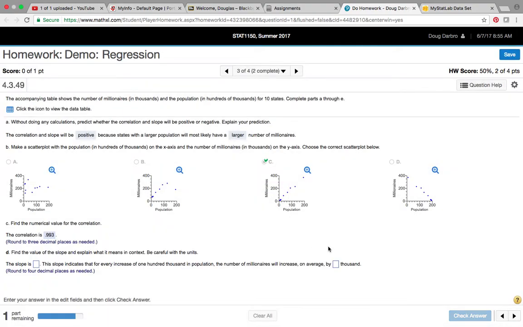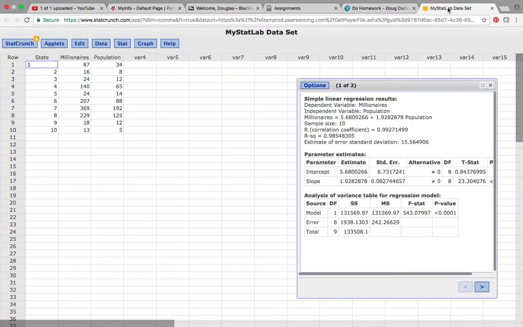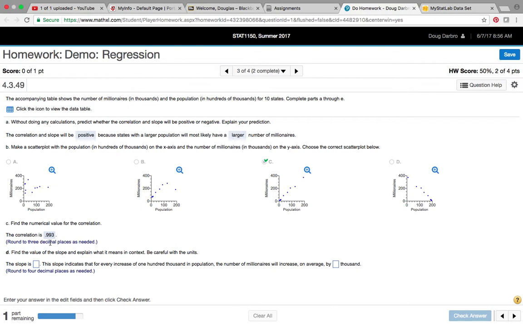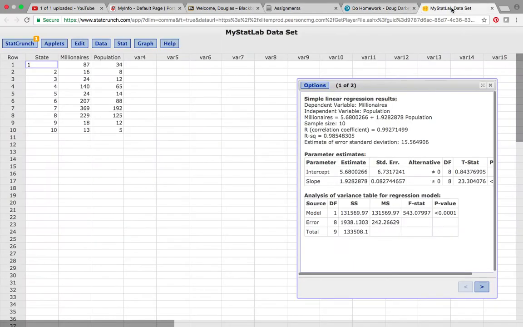Find the value of the slope and explain what it means in the context. Be careful with the units. All right, so it turns out the slope is, let's see how many places we have to round to. Round to 4 places, okay. So the slope is 1.9283, right?